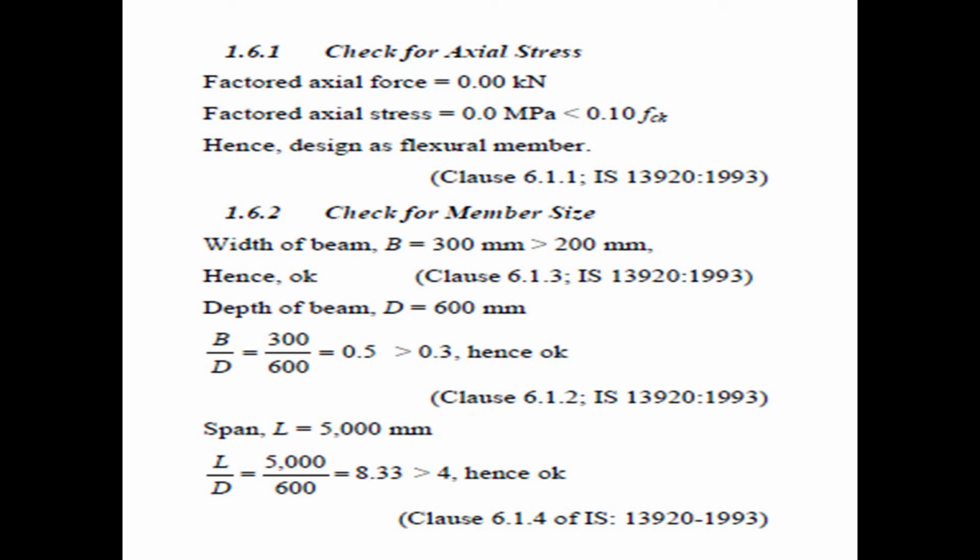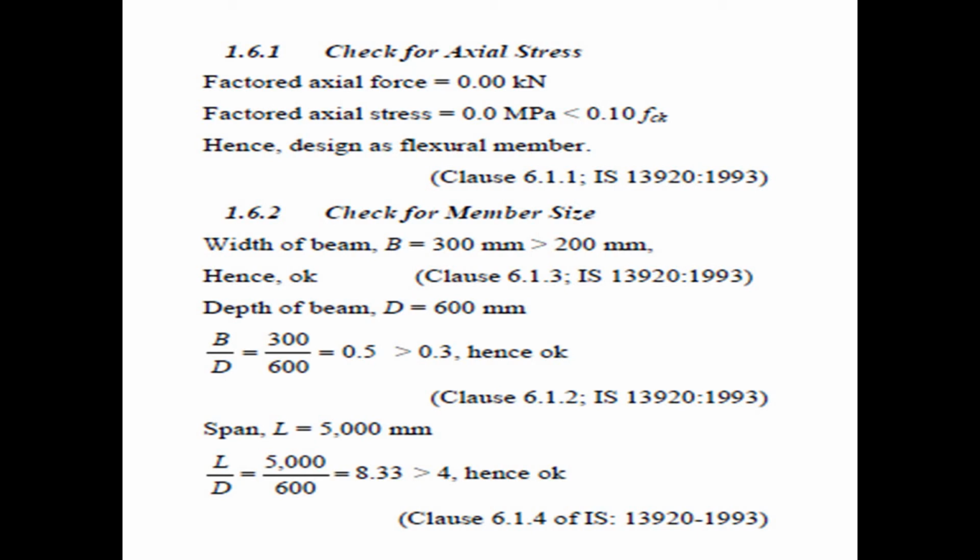So before going to the numerical part, I would like to tell you about the basics of IS 13920. Basically this IS 13920 code is formed for the prescribed detailing, or you can say the ductile detailing of the structure.